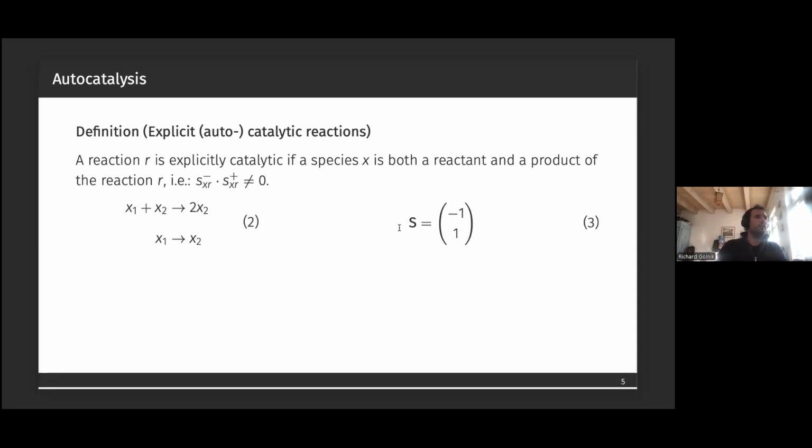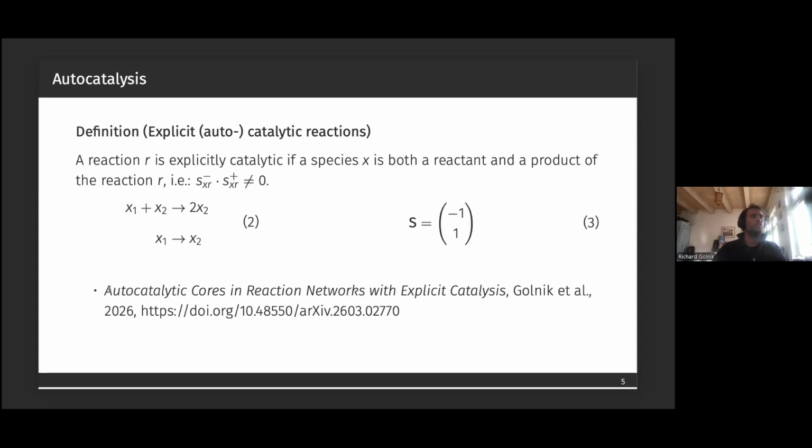When we look at these two reactions here, we see that they both share the same stoichiometric matrix. But that means that the stoichiometric matrix no longer uniquely identifies the reaction network. And for this work, we're excluding any explicit catalysis.